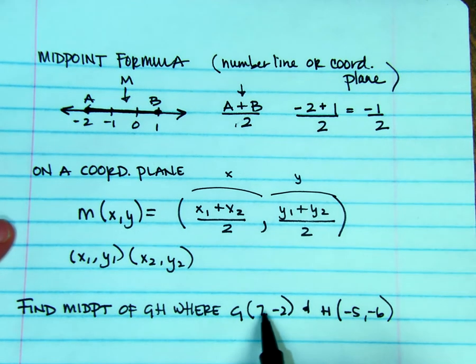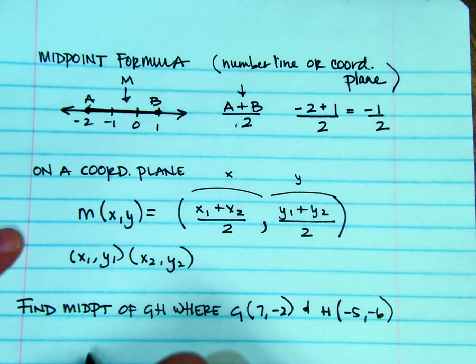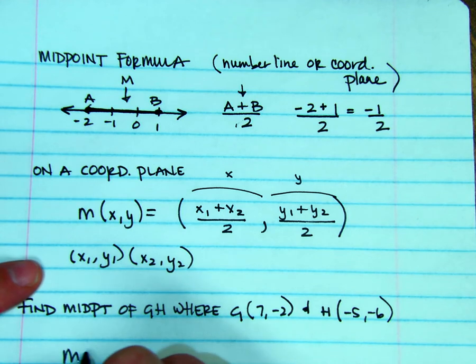Because I have an ordered pair, I know it's going to be on a coordinate plane, so I am going to find the midpoint.